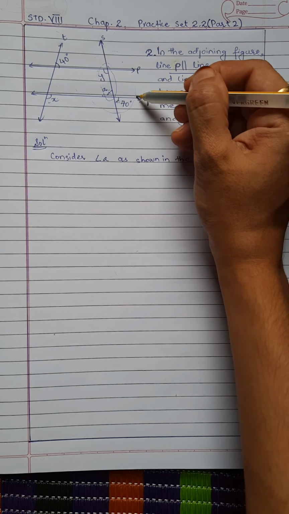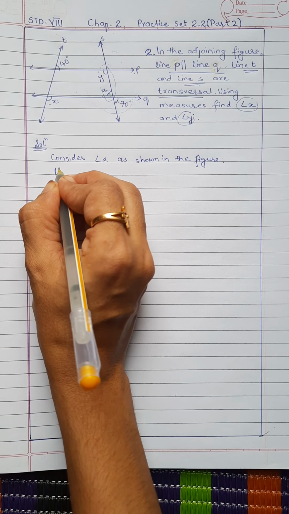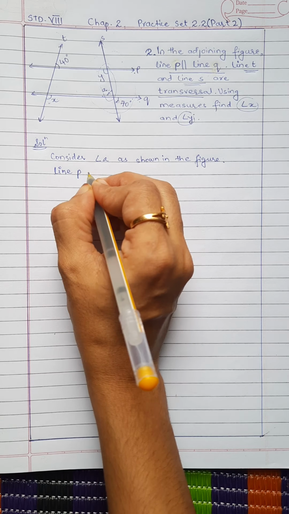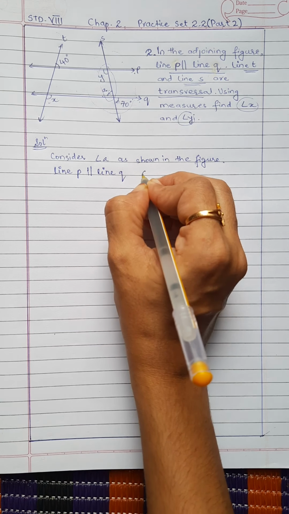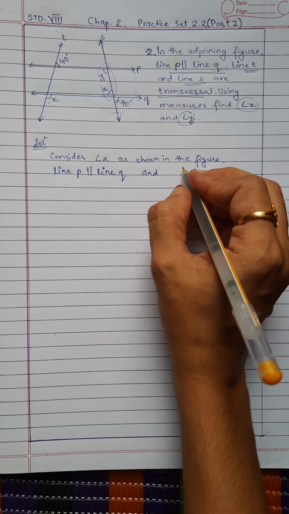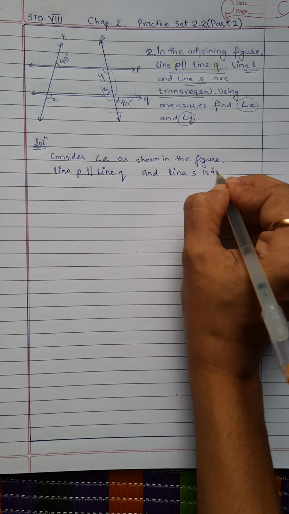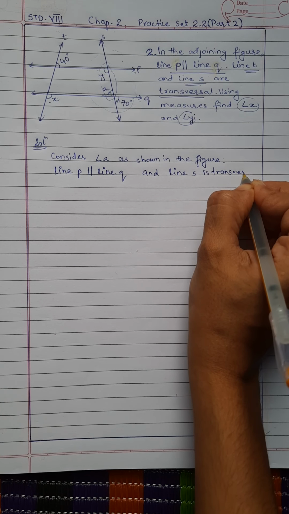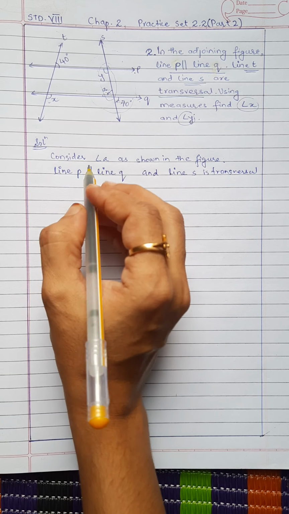Now these two lines are parallel and S is transversal, right? The same: line P is parallel to line Q and line S is transversal. Now the measure of angle A will be 70 only.